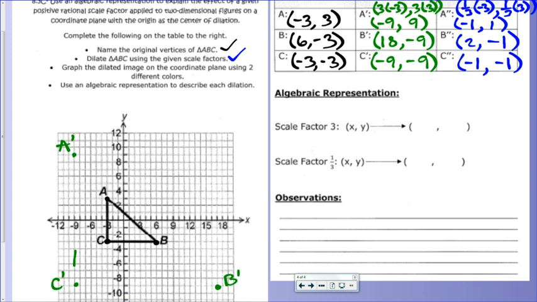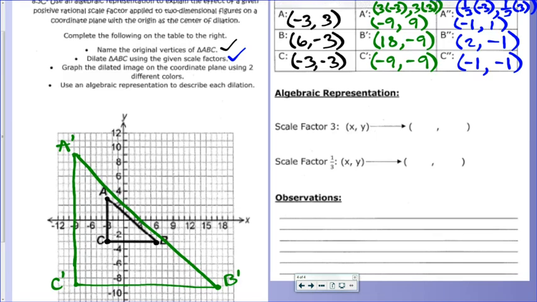C prime. Okay, and you can connect all of your lines. And you should see that you're creating a similar figure to our original triangle. It's the same shape, but not the same size. It is now larger. It was dilated by a scale factor of 3.